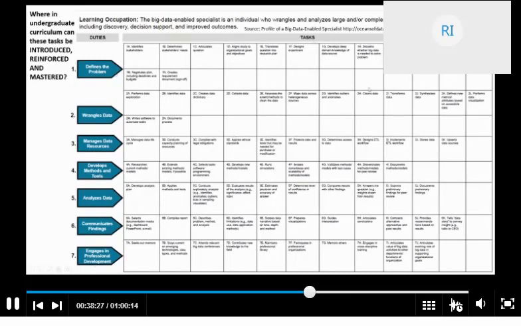What we are doing now is taking each of these tasks and developing modules that can be infused into coursework, where they will be introduced, where they will be reinforced, and where they will be mastered.